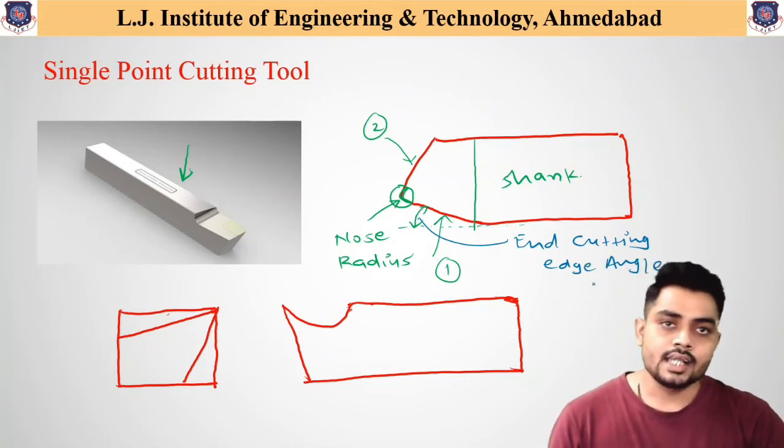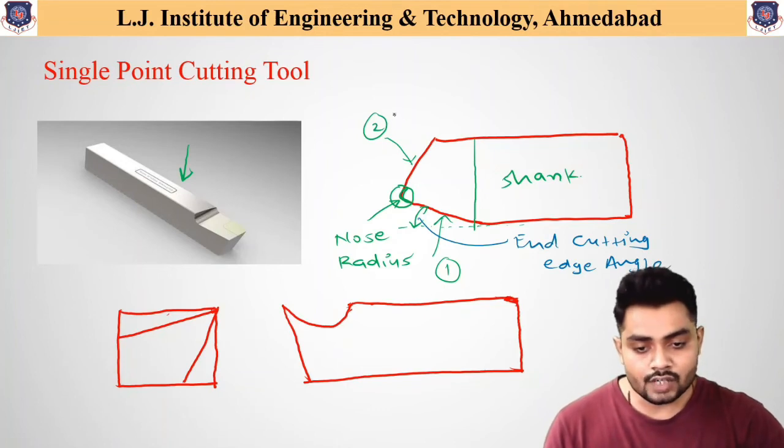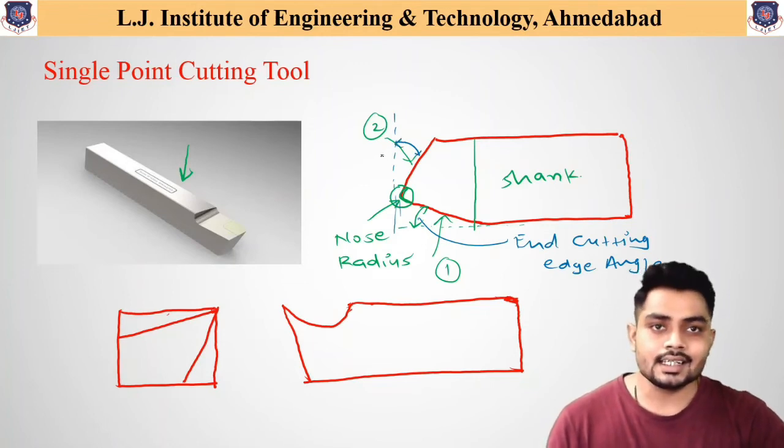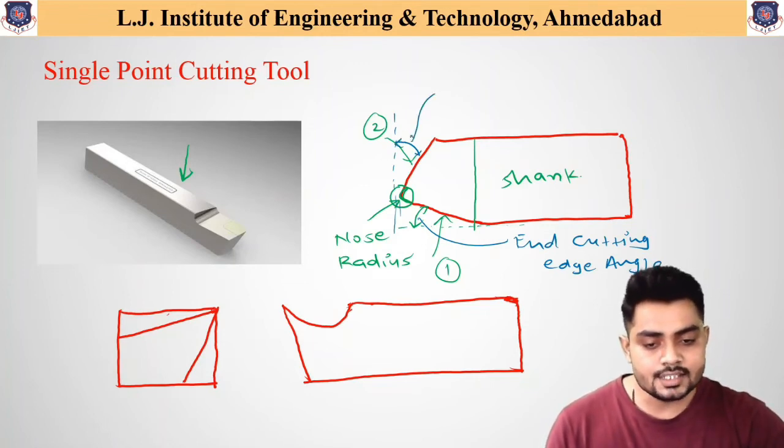Similarly, if we draw a vertical over here, this vertical axis makes a certain angle with the second cutting edge, and this angle is called the side cutting edge angle.